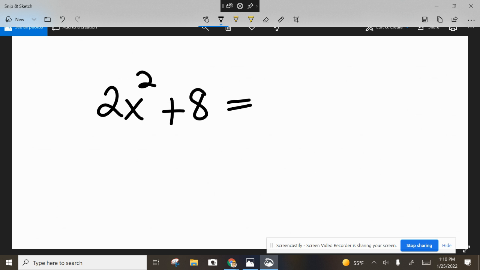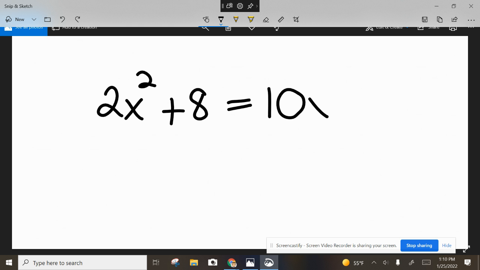Let me see. Write this down. All right. There's one way to solve this one. Okay. And actually, this isn't just like this one.